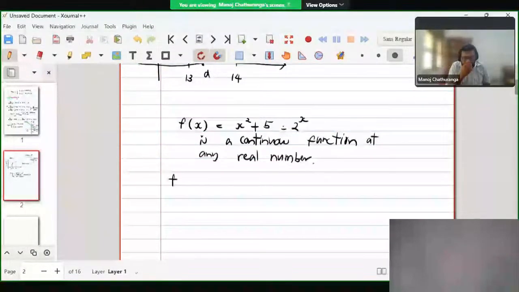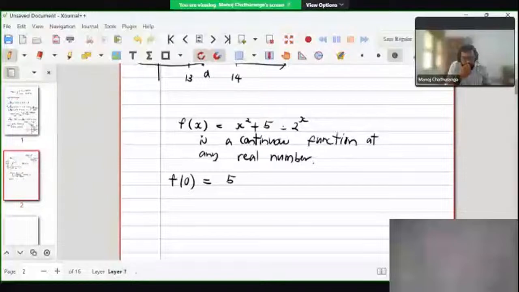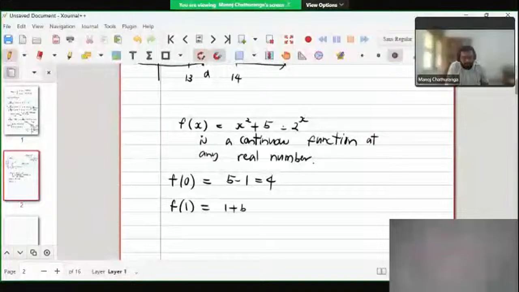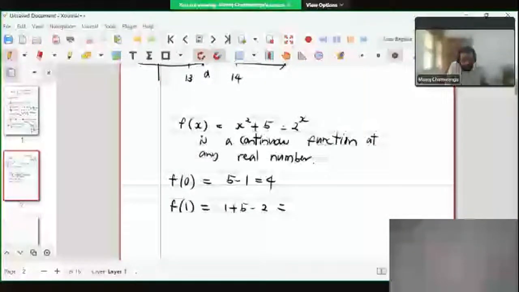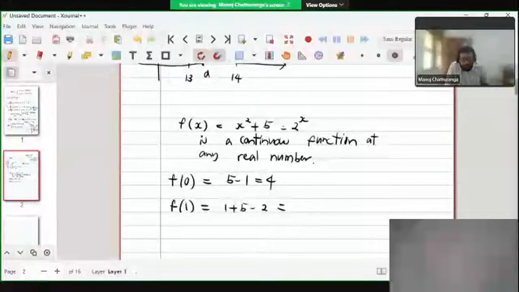Now let's see what f of 0 is: 5 minus 1 equals 4. We can say f of 1: 1 plus 5 minus 2, so 6 minus 2 is again 4.